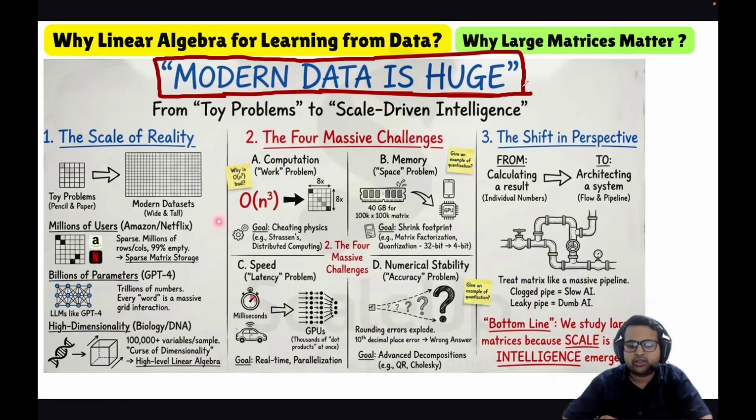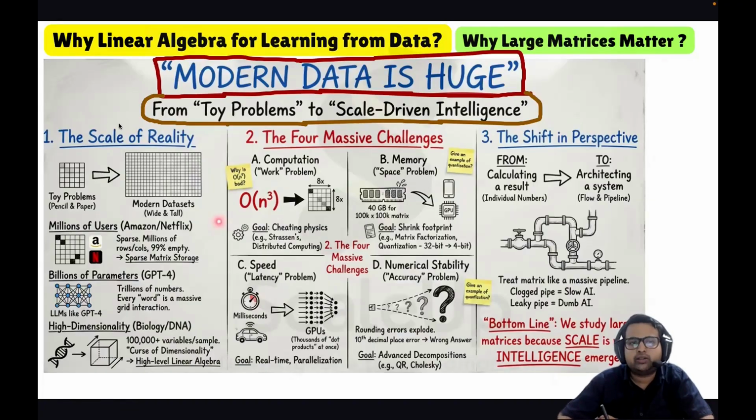Today, matrices aren't just larger, they have reached a scale where they exhibit entirely different mathematical behaviors. So basically, the idea is that we have transformed from toy problems to scale driven intelligence. Now let us see why the transition to large matrices changed the world of technology.